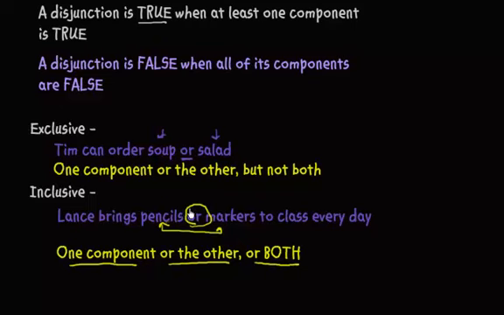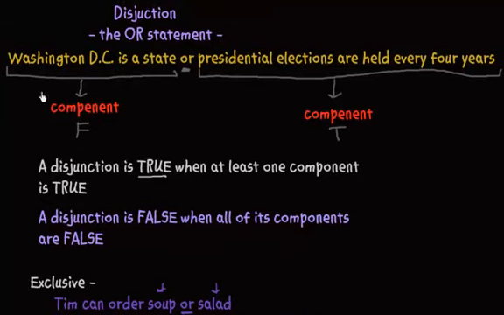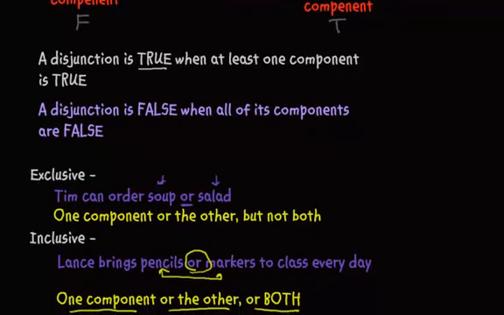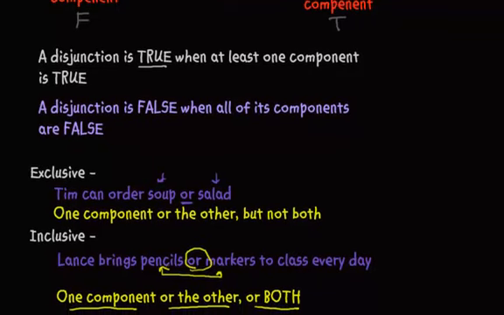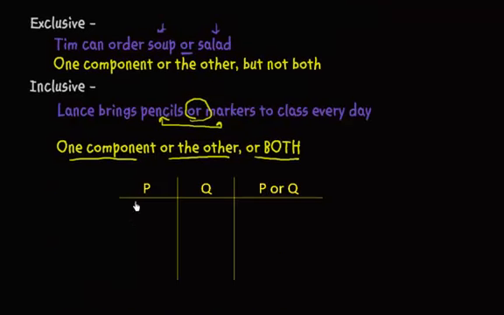So when trying to determine the overall truth value of your OR statement, what you're going to do is look at each component, determine the truth values of each component, and then follow the rules. Just like with the AND statement, we did make a truth table. Let's quickly do one for an OR statement. Now you might have asked yourself, which one do we use? Do we use the exclusive or do we use the inclusive?